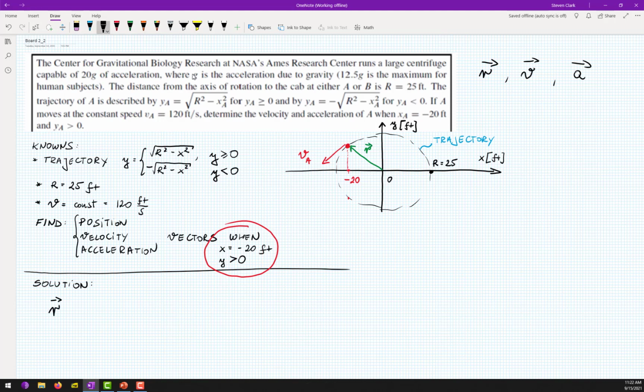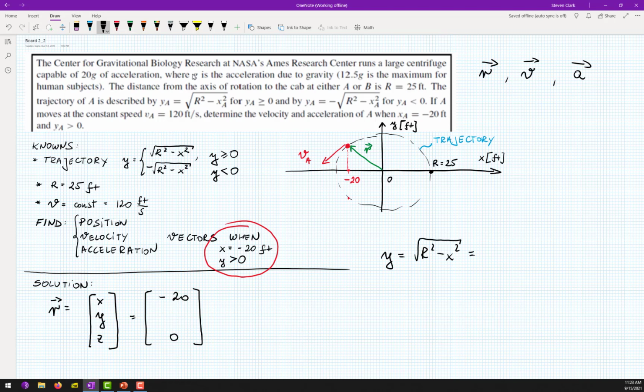So R is equal to x, y, z. They already told us that x is minus 20, z is 0, and I believe that y we can find from this expression. So y is equal to the square root of r squared minus x squared.